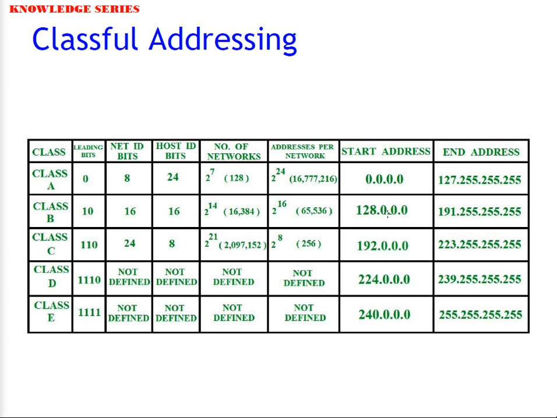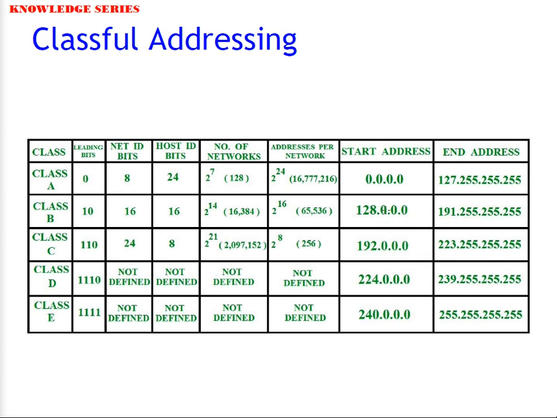128. Now you may ask, sir, why is it 0.0.0? Because you have to remember that this 128 is the starting point of this one. That means from 128, it will go to the next higher address. So that is the important thing we have to see, how much it has to go. Under class B, this particular place will have its own bits.